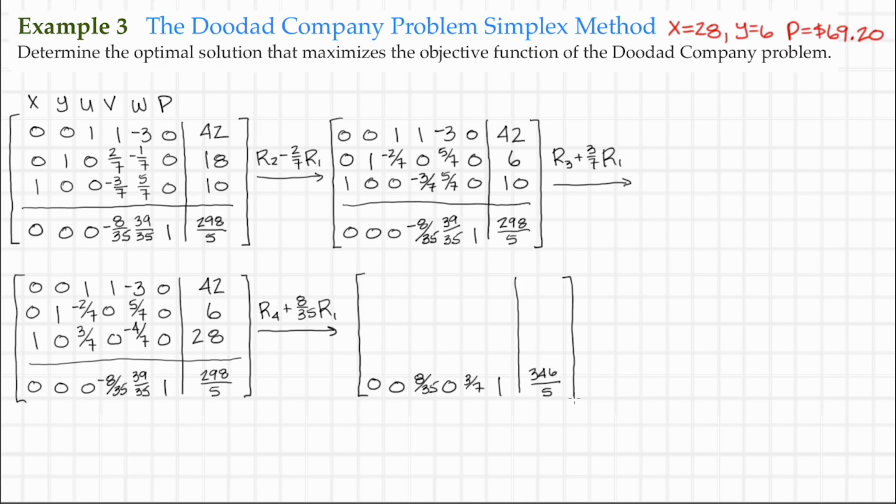Close off our matrix, and we bring over the rest. Put in our horizontal bar.